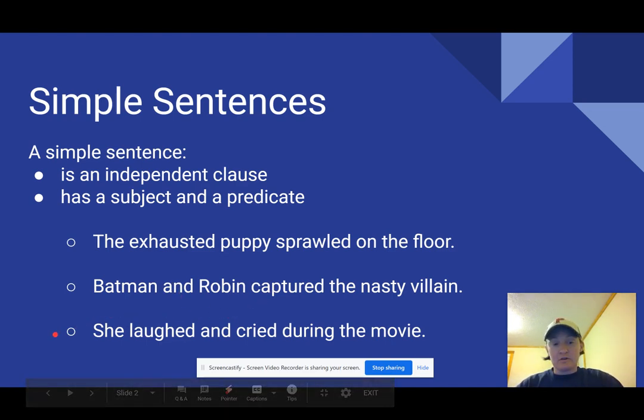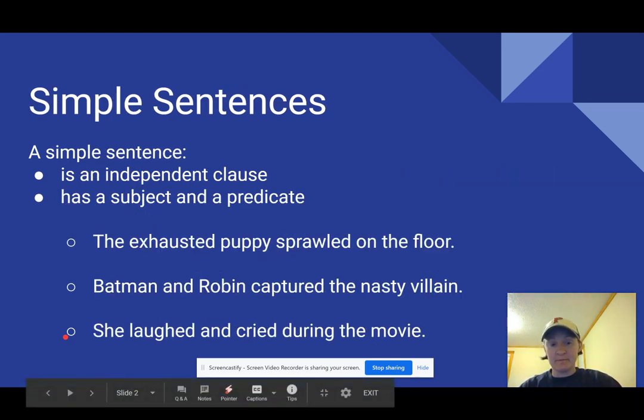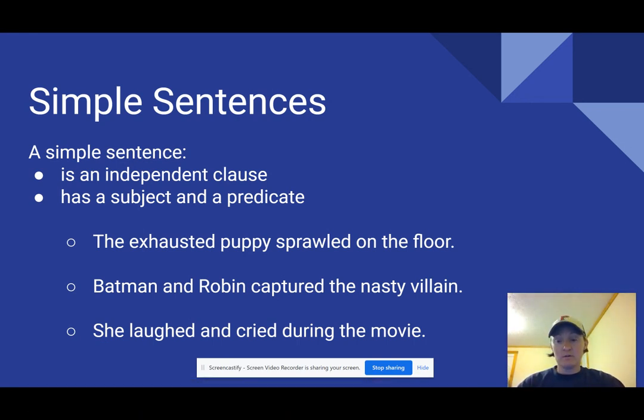And then on the third example here, you can see that it's kind of the opposite. She laughed and cried during the movie. So she, right here, is the subject. So just one subject, but we do have her doing 2 things, okay? Compound predicate.